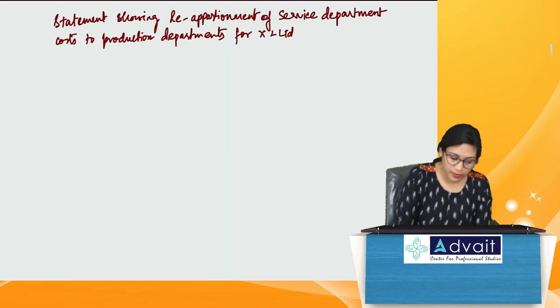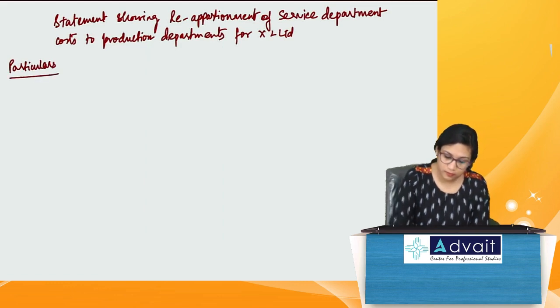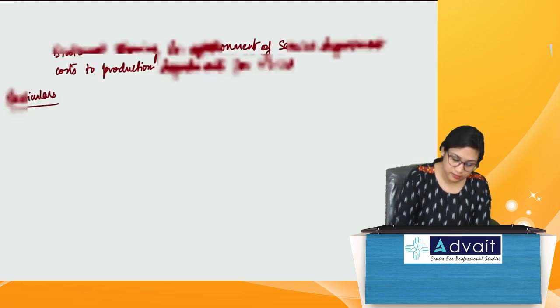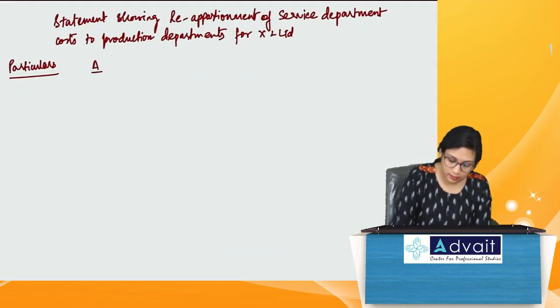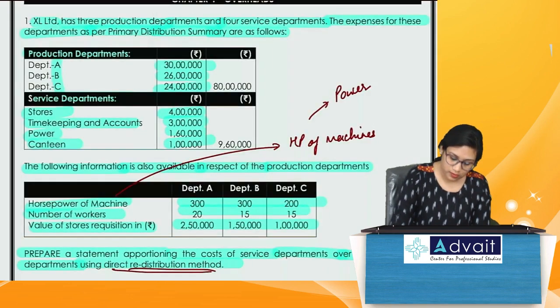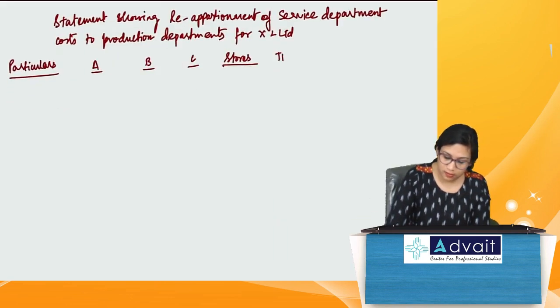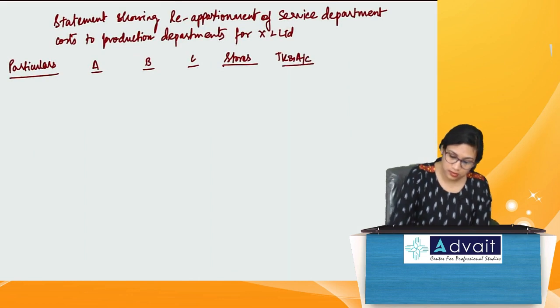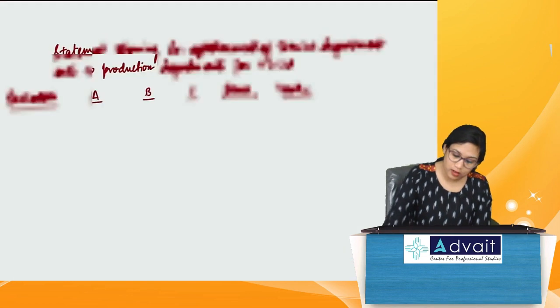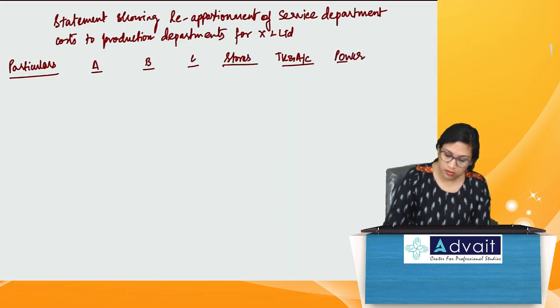So let's drop a table. Particulars: A, B, C, stores, timekeeping and accounts, power, canteen.